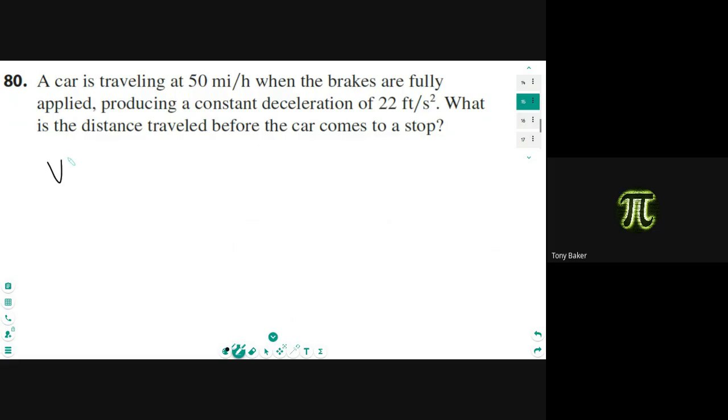What do we have? They gave us, when our brakes are hit, that right there is my deceleration. So that's the acceleration, right? So A of t is negative 22.